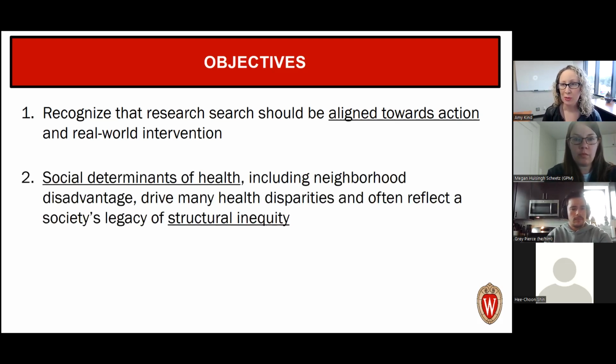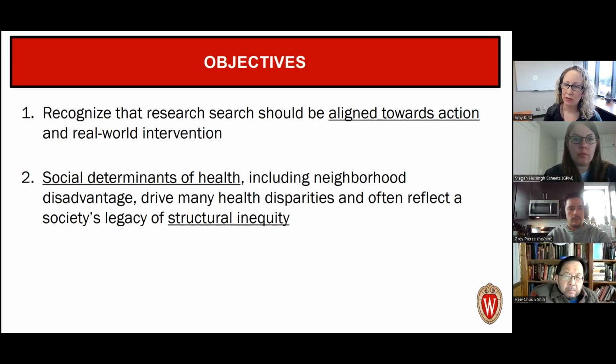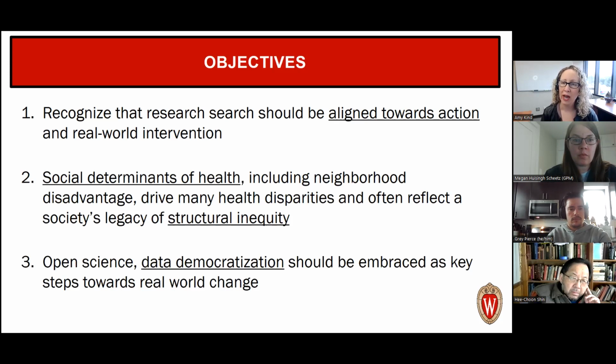Certainly with this group, you all know this, but we will highlight the social determinants of health, including neighborhood disadvantage, and we'll talk about how these factors drive many of the health disparities that we see within any particular country and often reflect a society's legacy of structural inequity. And then finally, we're going to highlight the important role that open science and data democratization play in real world change and bridging that gap between research finding and action.